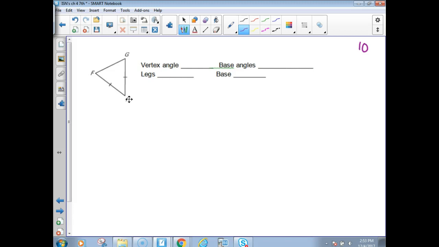The vertex angle for this picture would be angle H. It's the angle between the sides that are congruent. The base angles then are angles F and G, and they are congruent. The legs are the sides that are congruent. That'd be FH and GH.